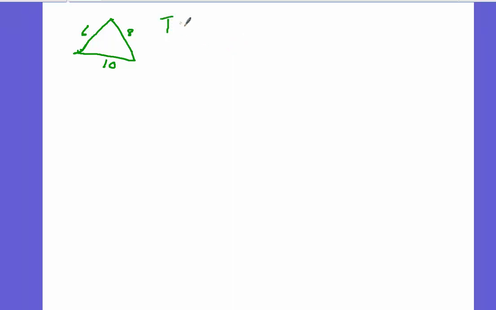Therefore, the first thing to do is to look for the total ratio. So total ratio equal to 6 plus 8 plus 10, which is 24. Good. The total ratio is 24.